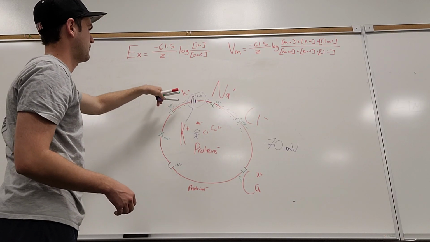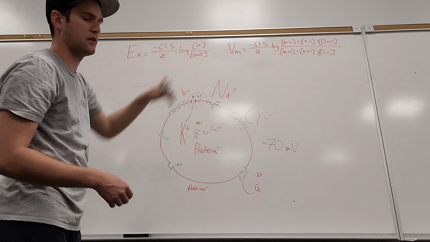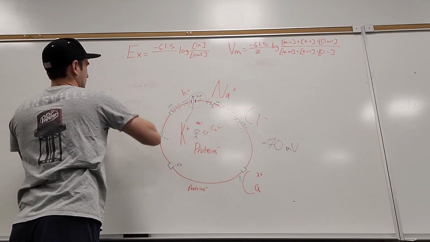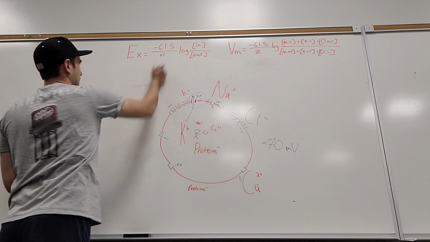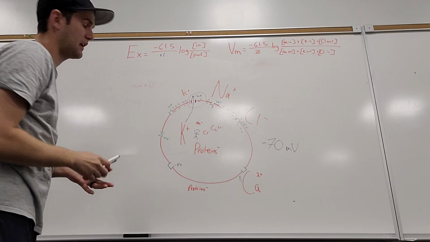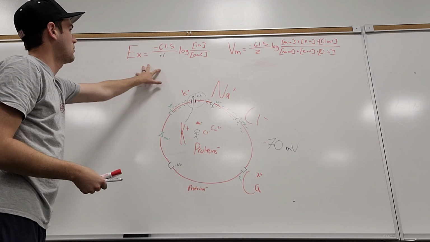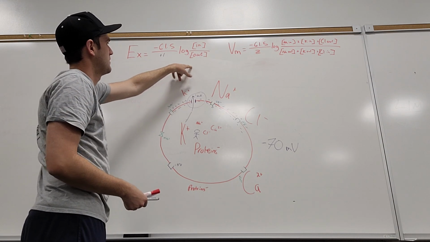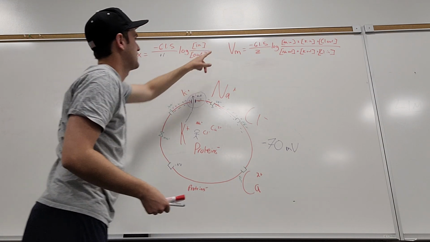So let's use potassium first. Or we're going to use potassium and sodium for this example. So both of their valence charges are going to be +1, okay? And so look at our equation. We're going to do all of our math. We'll start with potassium. Potassium's higher inside than it's outside.